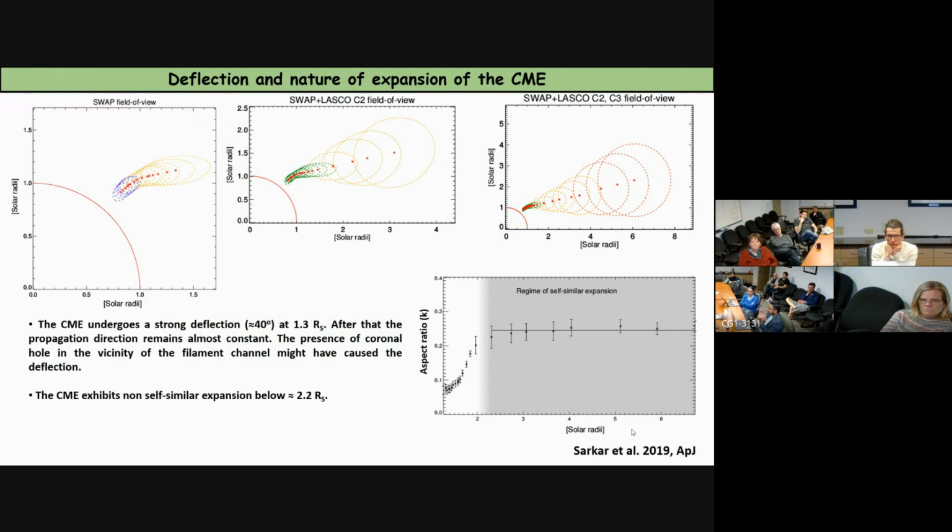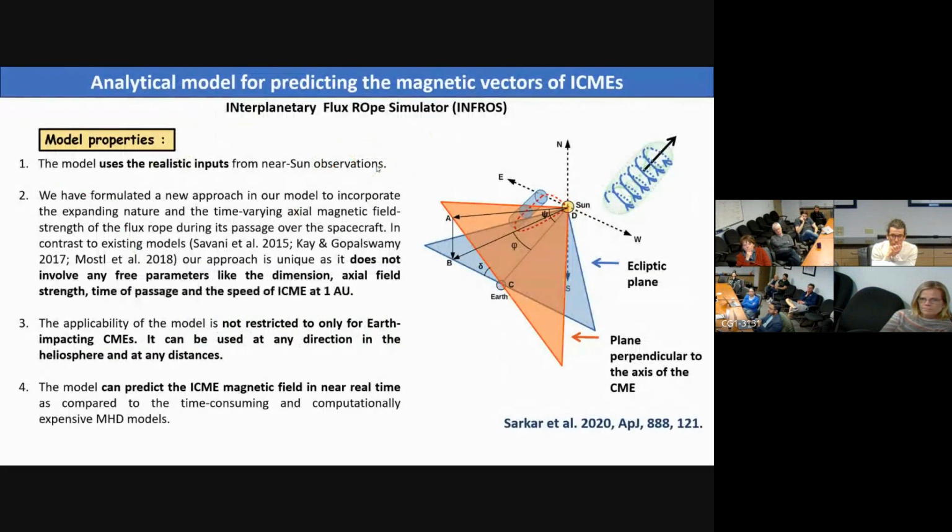Also, we can assume that although there could be a large deflection close to the sun, after certain solar radii it maintains a constant direction of propagation. So with these assumptions and using self-similar expansion, with some analytical tool there is a way to model these structures from sun to earth. Here is an example. We use this interplanetary flux rope simulator.